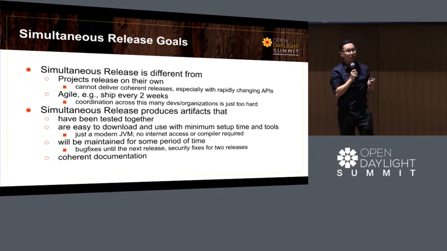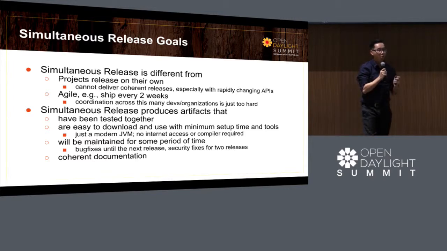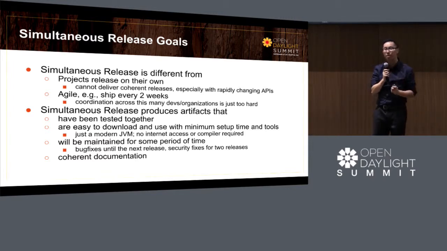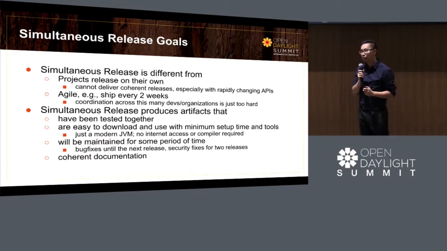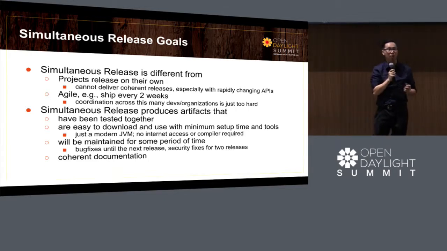And that doesn't work because OpenDaylight moves very rapidly with changing APIs, and we needed a coherent manner with which we can test compatibility across the projects to build a coherent release.